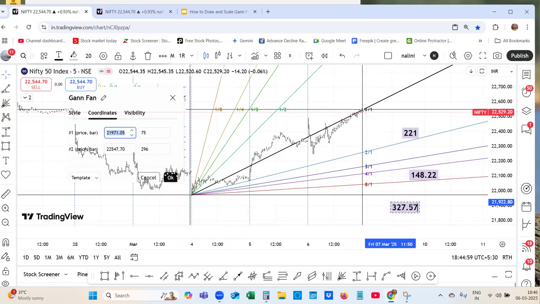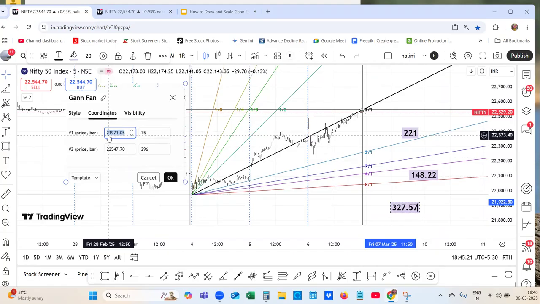327.57. So when I'm approximating the Gann fan from the bottom to the top, what I need to do is add this value for the coordinate. That is, 22,547 is there, no?